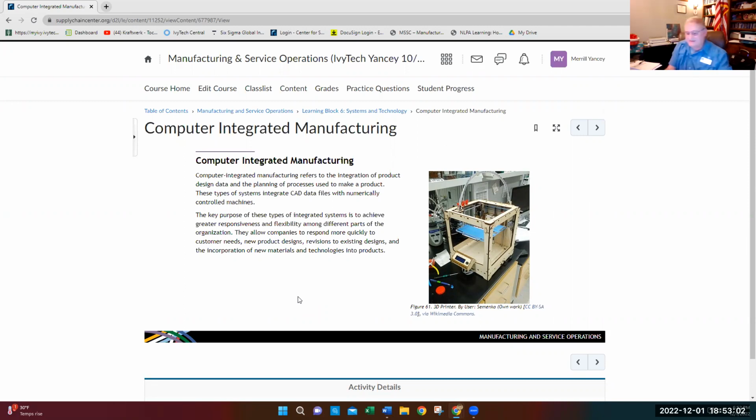And we have a 3D printer in our possession in our lab. And if you didn't know this, the NASA program was the first ones to use the 3D printer in space to make parts.